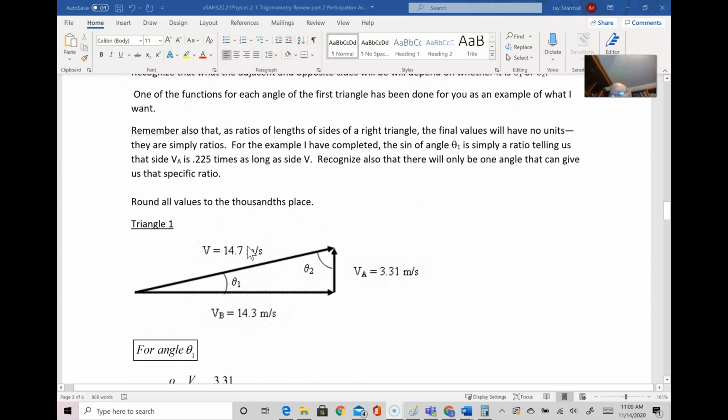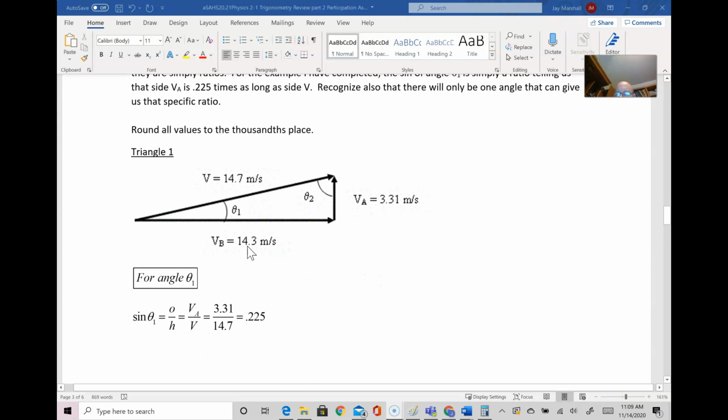So for triangle 1, I've already done this first one here for you, and here's theta 1, and I know that the sine of any angle is going to be the opposite over the hypotenuse. And let me get to a thing that I can write on here.